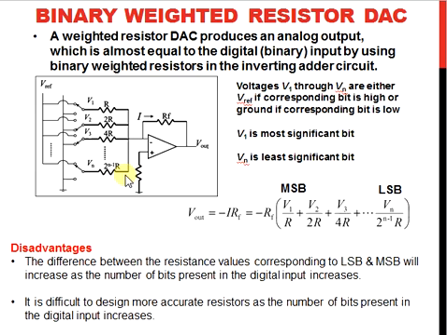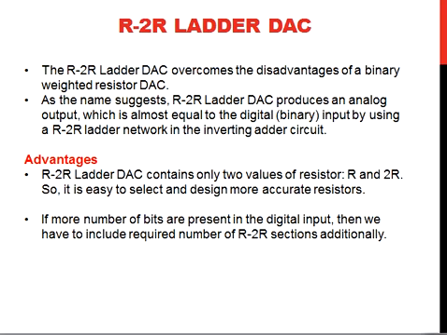It is very difficult to design accurate resistors to get the corresponding output values. Hence we need to look into a different design, that is the R2R ladder digital to analog converter.